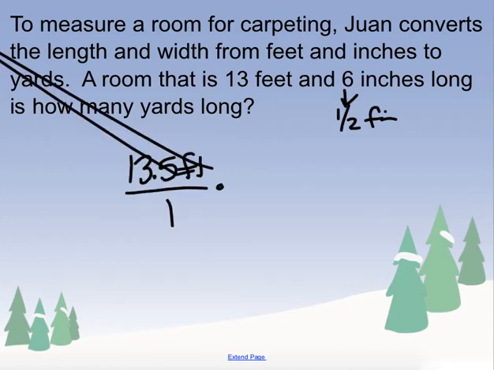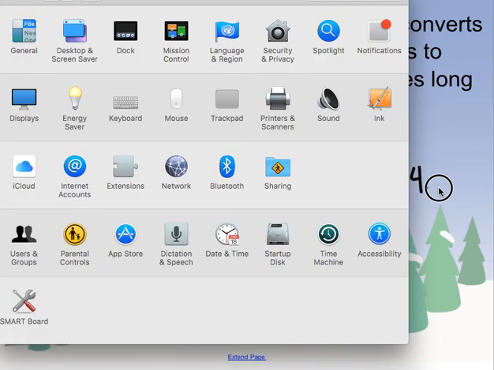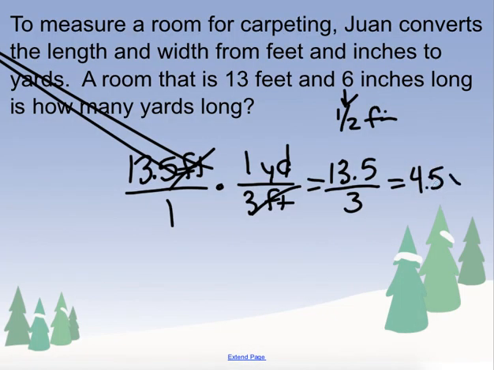If I want to convert this to yards, I say I have 3 feet for 1 yard. I get rid of the feet, and I do 13.5 divided by 3, which gives 4.5 yards. So I know that the length is 4.5 yards.